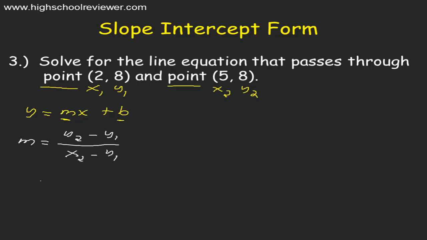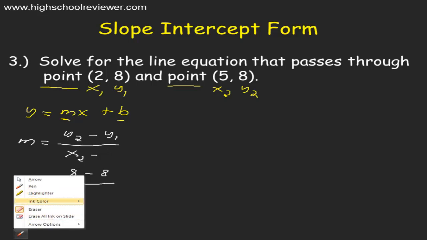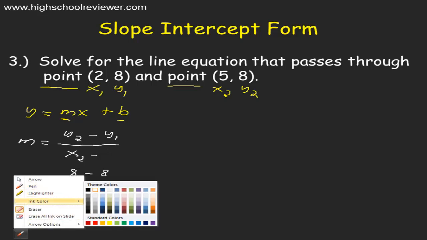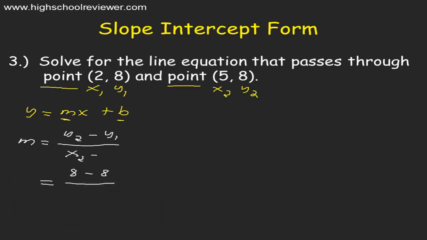And then substitute the values. y sub 2 is positive 8 minus y sub 1, which is positive 8, all over, okay, wait, this is not y sub, but rather x sub 2 minus x sub 1.